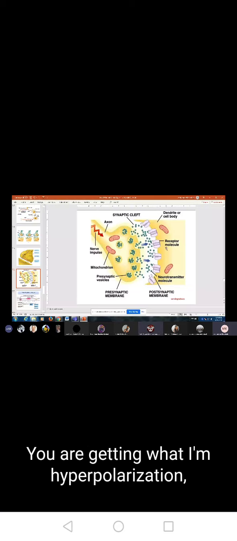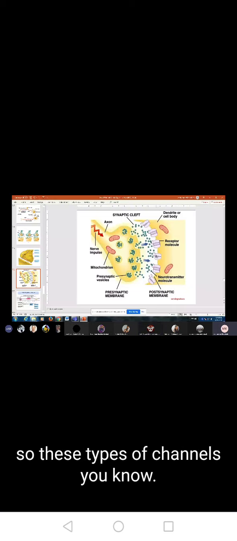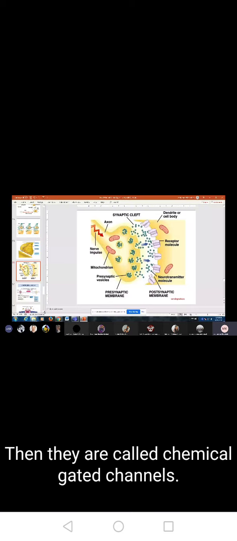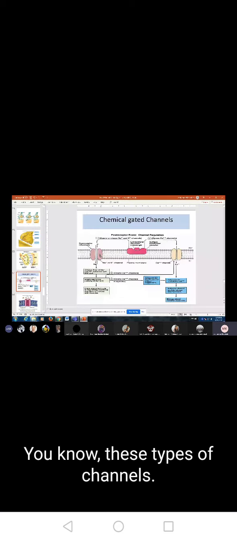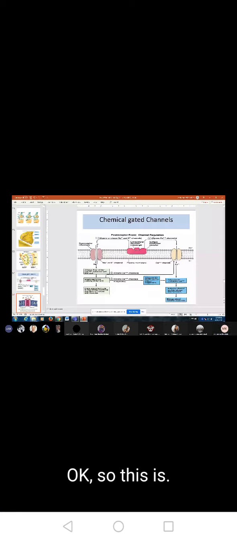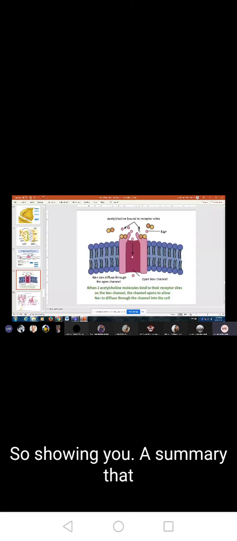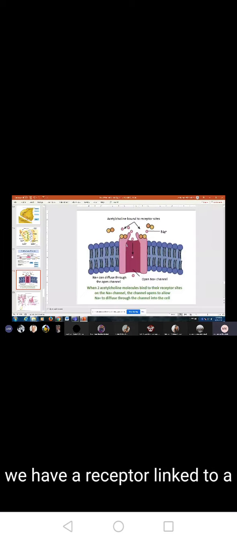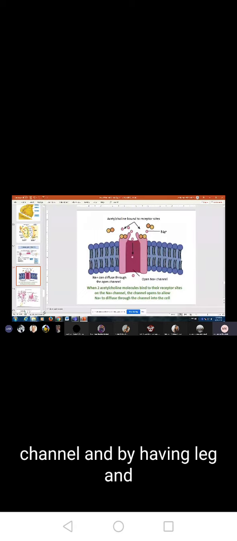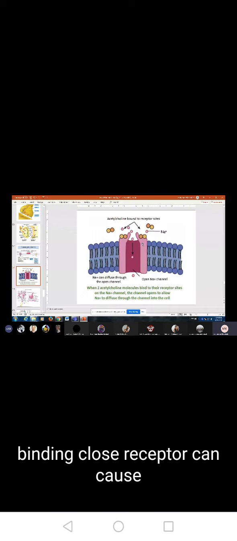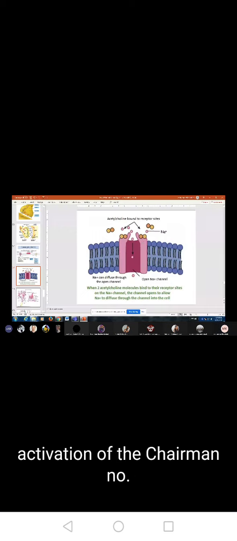If you have activated potassium channels, you are getting hyperpolarization. So you know these types of channels; they are called chemical gated channels. This is showing you a summary: we have a receptor linked to a channel, and ligand binding to this receptor can cause activation of the channel.